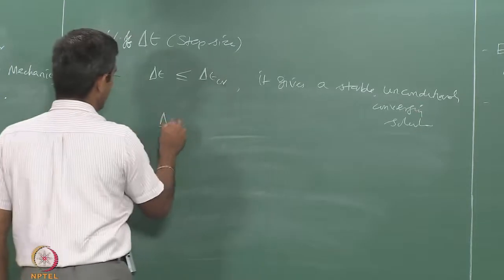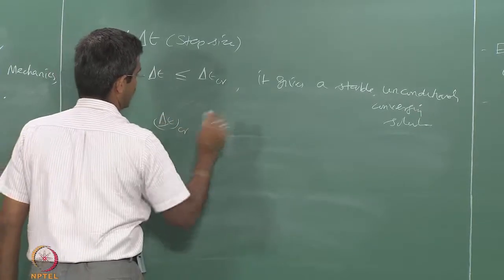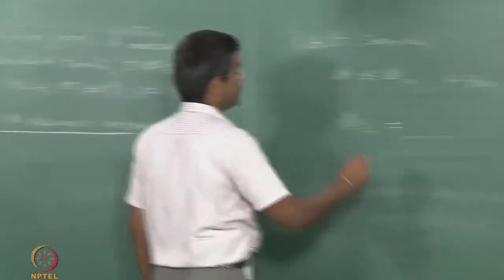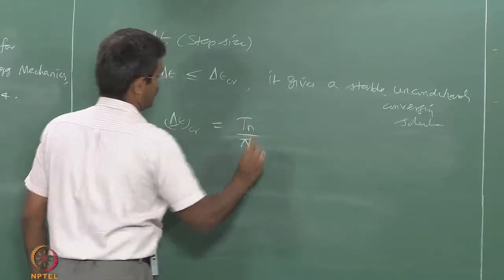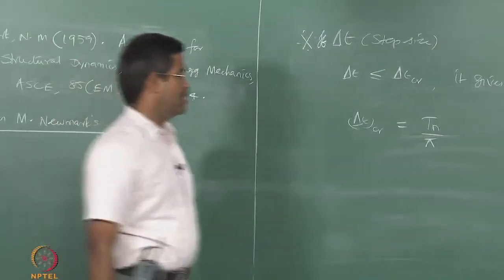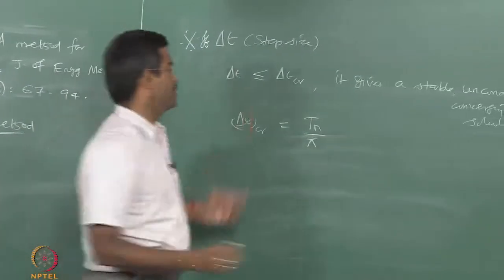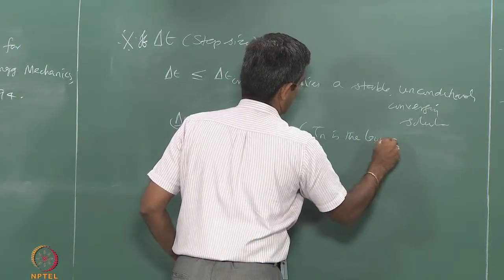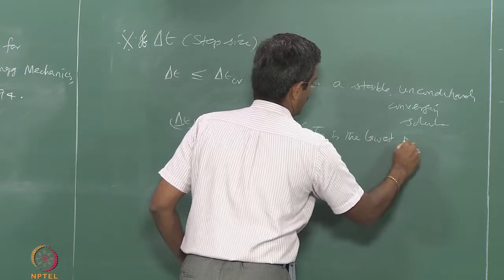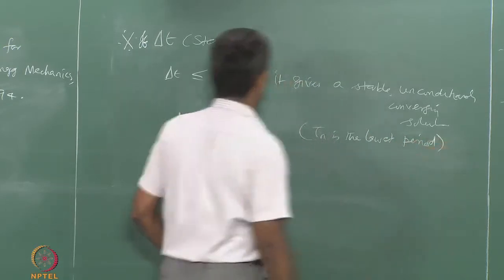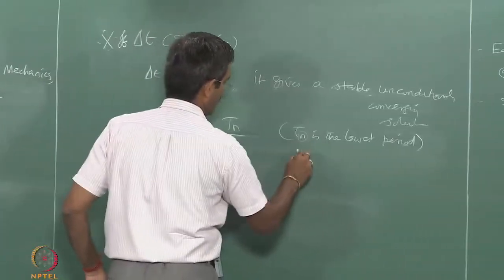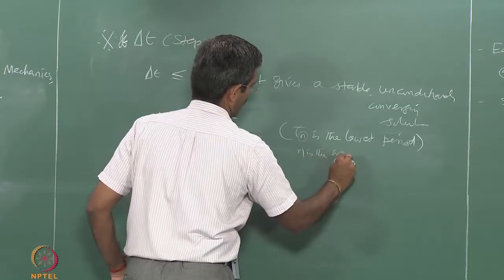Now, delta T critical is actually Tn by pi, where n stands for the natural period. If there are multiple degrees of freedom, Tn is the lowest, the least of all, and of course, n is the order or degrees of freedom, whatever it is.